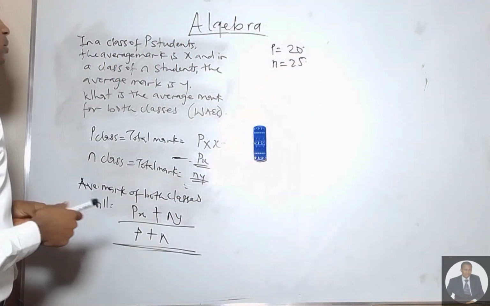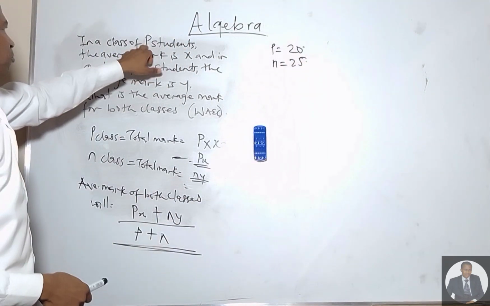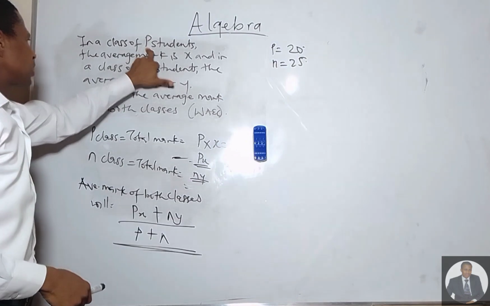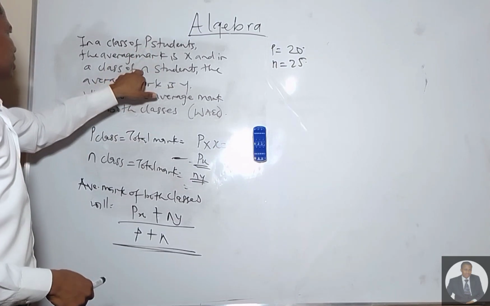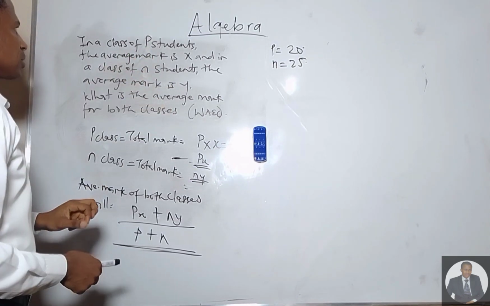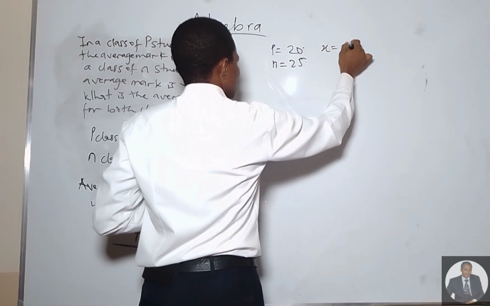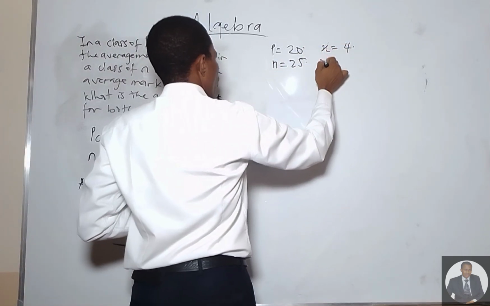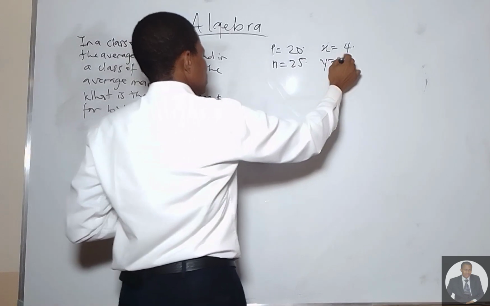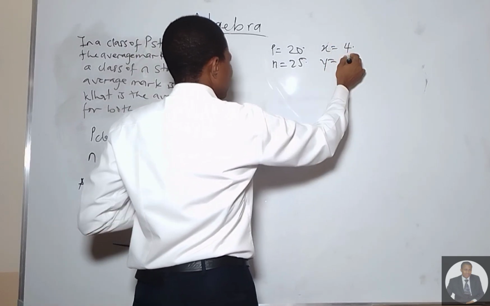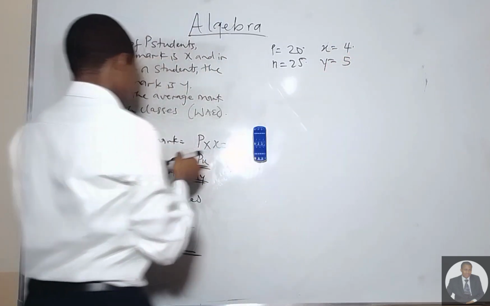So we have a class of 20 students here, and a class of 25 students here. If X is 4 and Y is, let's assume, 5.